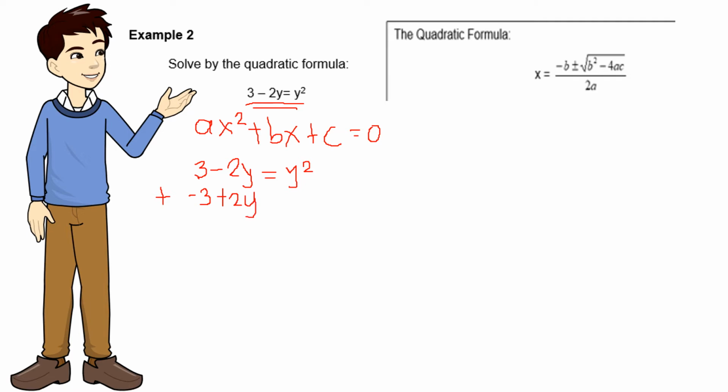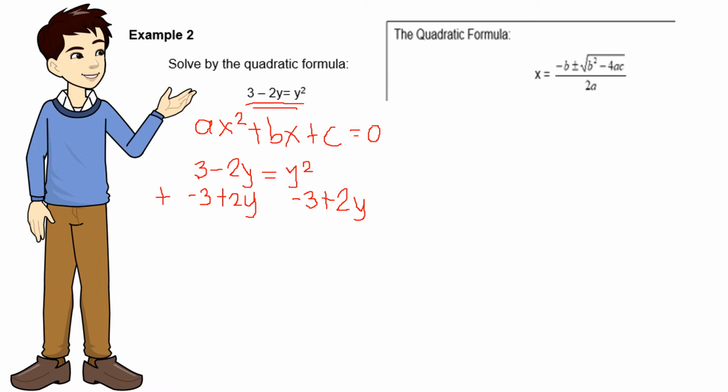And then same with the right side of the equation. Para maging balance. So, yung gagawin natin sa left side, gawin natin sa right side. Okay. So, ito, nilagay natin ay minus 3 plus 2y para maging 0 itong left side.